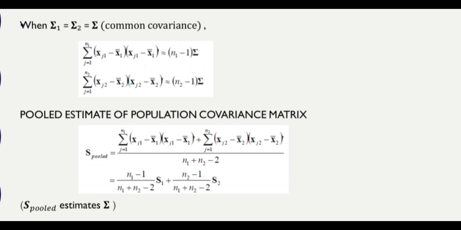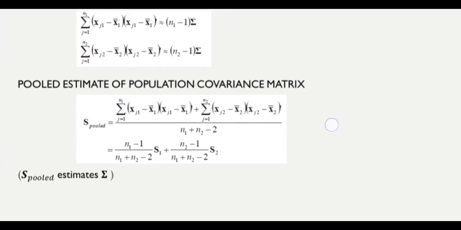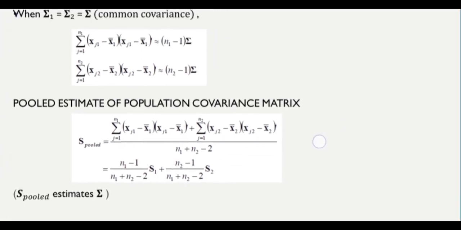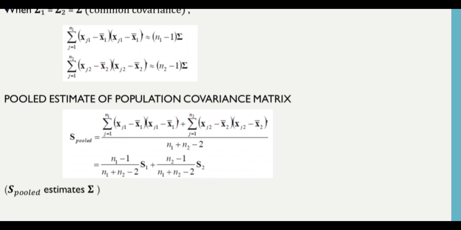Further explanation is on page 285. But for your level now, in our multivariate syllabus, you do not need to memorize how to derive S pool.